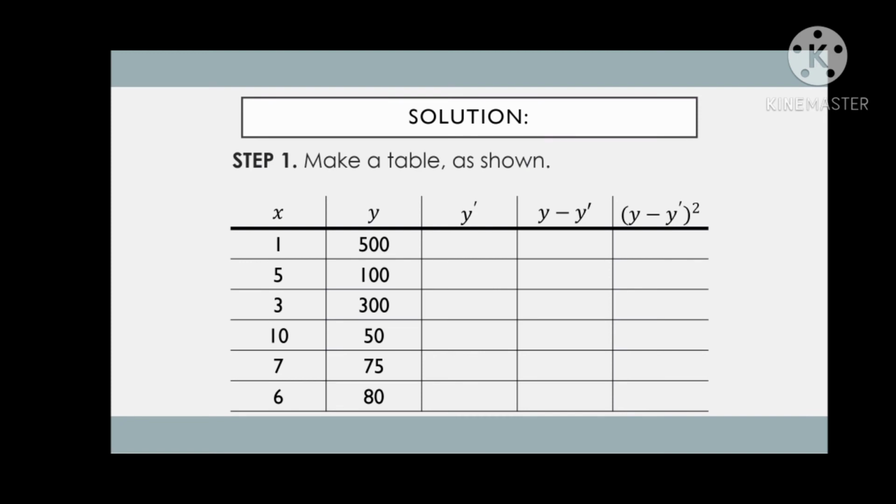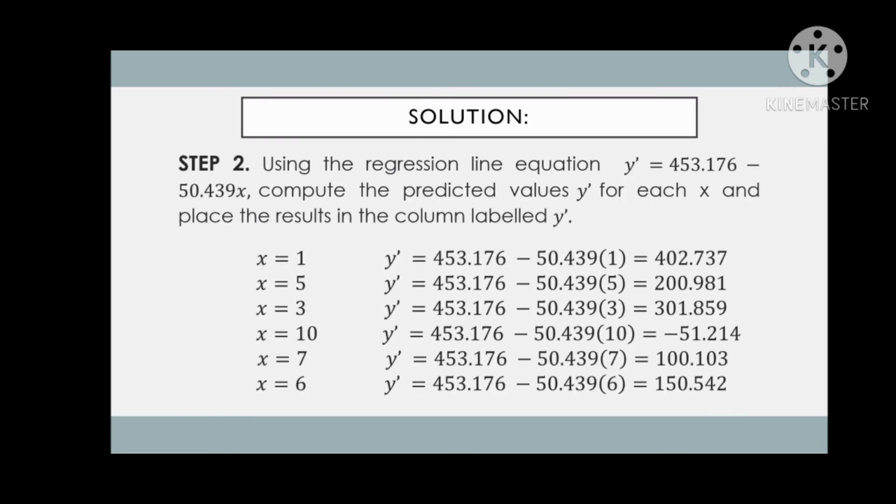For the solution, step 1, make a table. We have in column 1 the x values, column 2 the y values, column 3 the y prime values, column 4 the y minus y prime values, and column 5 the square of y minus y prime. Step 2. Substitute each x value in the given regression line equation. For x equals 1, we have 402.737. For x equals 5, we have 200.981.